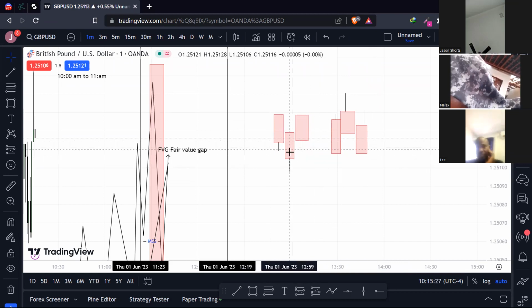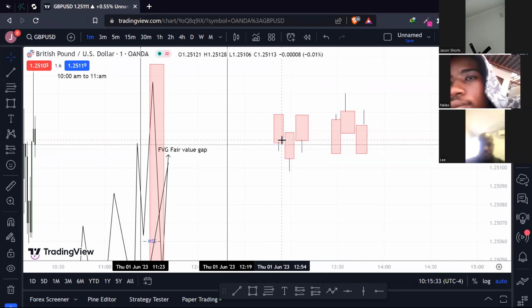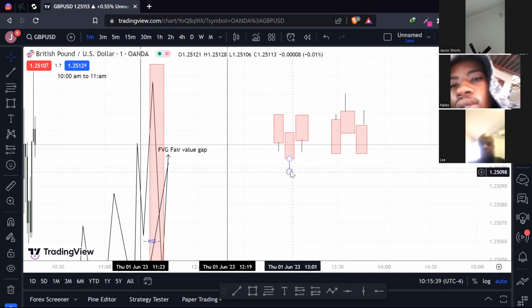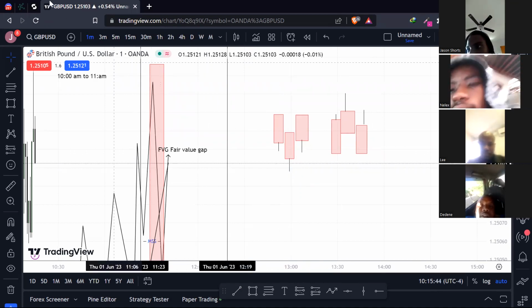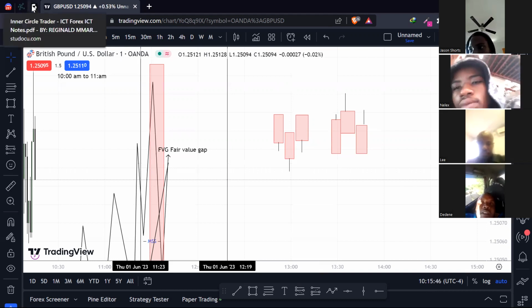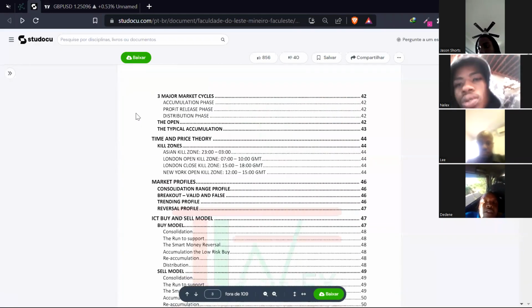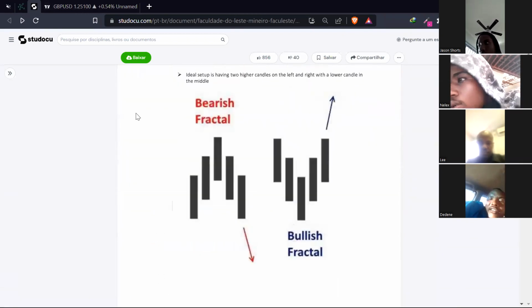It is because there's a candle with the wick here, and on the left and right there are candles with wicks lower than the wick in the middle.